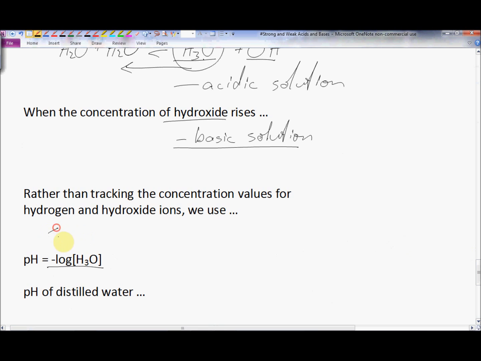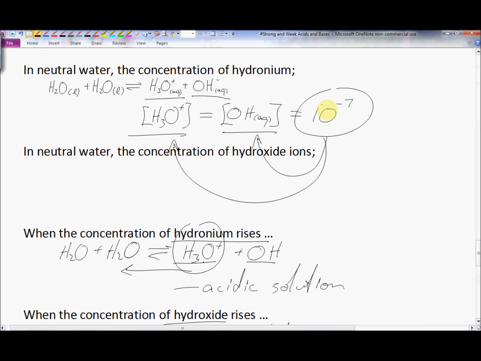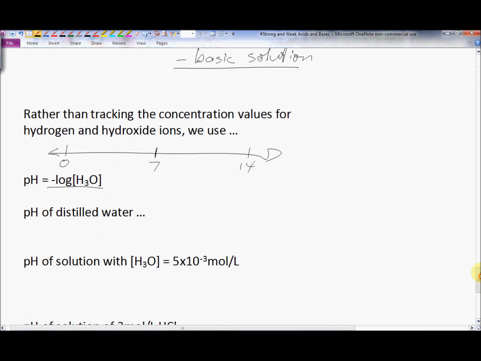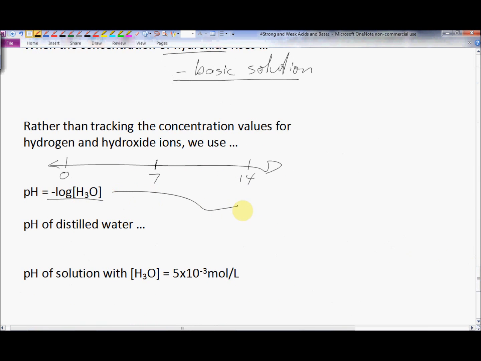You've known from grade 10 that the pH scale goes generally from 0 up to 14, and neutral water has a pH of 7. Well, now you can see why. It's because neutral water has a hydronium concentration of 10 to the negative 7. So if we take the negative log of hydronium for neutral water, the pH is equal to the negative log of 10 to the negative 7. 10 to what power will give us 10 to the negative 7?